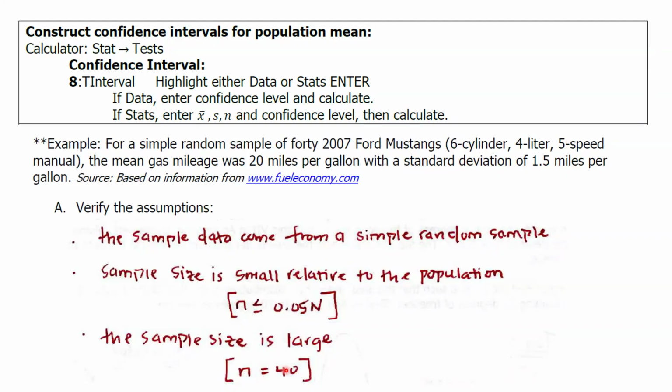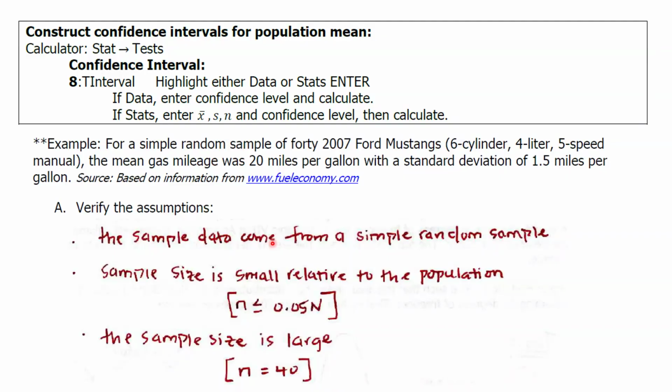Well, n here equals 40, which is greater than 30, so we're good. So why does this all matter? Why do we need to verify assumptions? Well, we need to verify when we use the t distribution. So since n equals 40, which is greater than 30, we don't need to worry about whether the population is normally distributed or not.